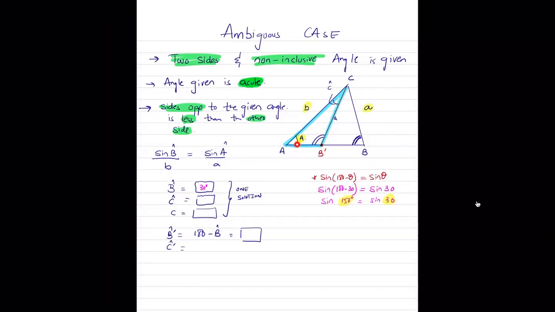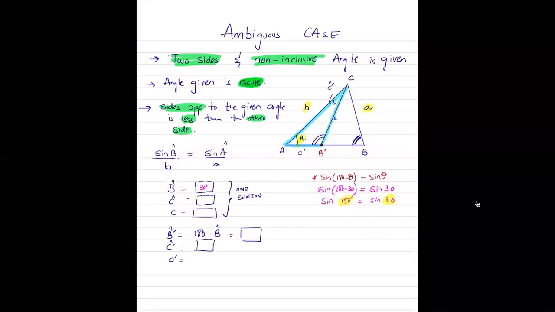If I know angle A and angle B dash, can I find angle C dash? Yes, I can just add the two and subtract from 180. So you have all three angles now. You had angle A, you found angle B dash, and using those two you found angle C dash. Only one thing is left to solve this triangle, and that is the small length C dash.